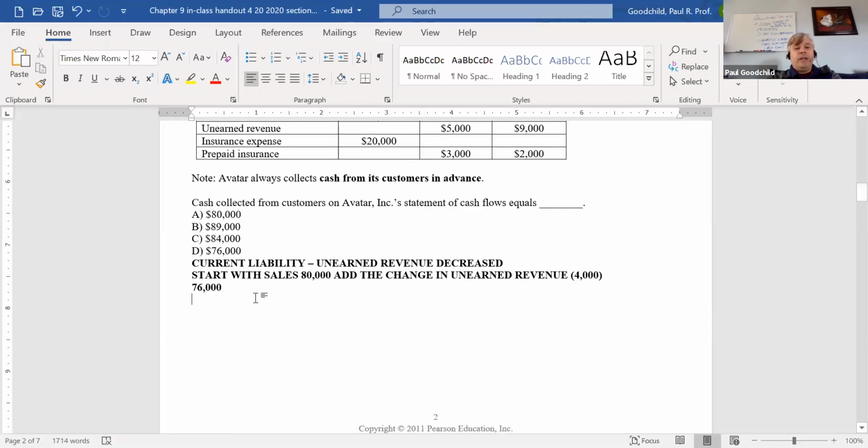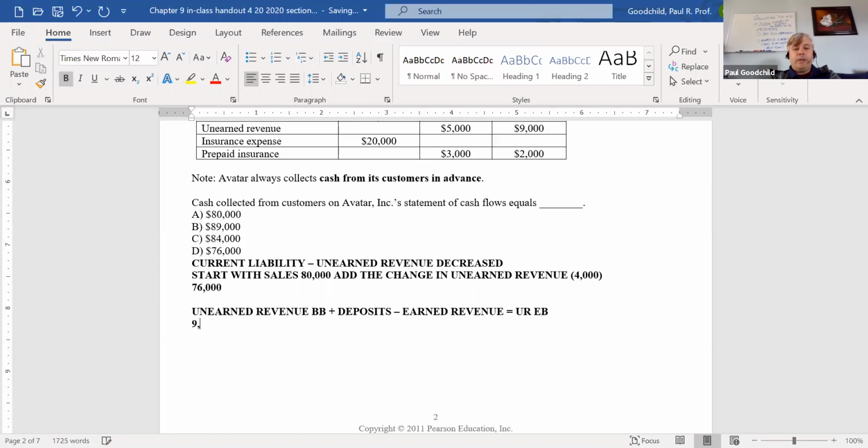And so if we think about it in our equation, we have unearned revenue beginning balance, plus deposits, minus earned revenue, equals our unearned revenue ending balance.